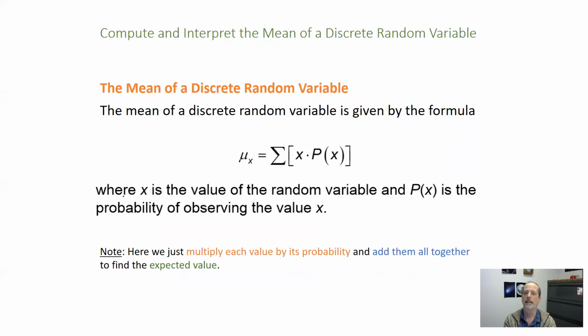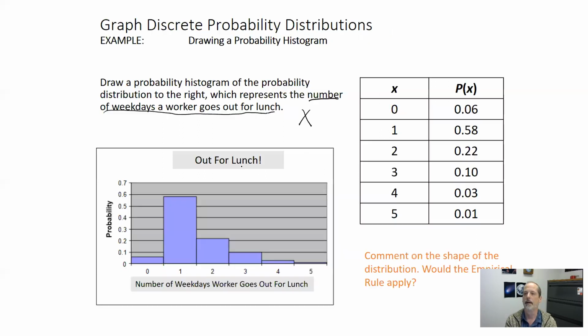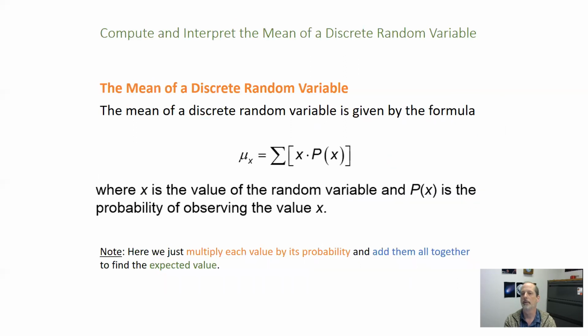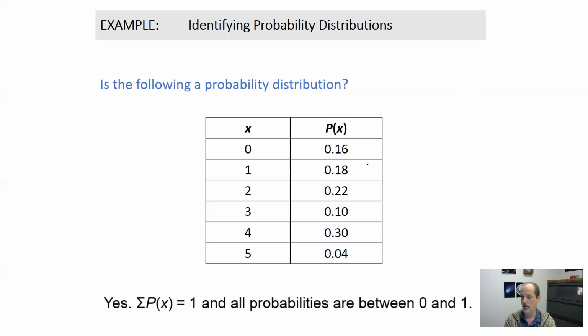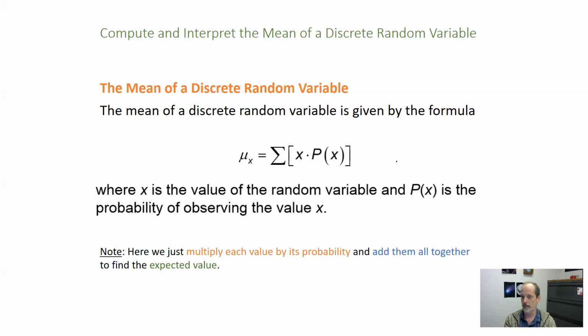If I want to calculate the mean of a discrete random variable, I can take a look at this table and plug those values into this formula. So what is this saying? Well, this is just saying take X times its probability and add it to the next X times its probability, and add it to the next X times its probability.